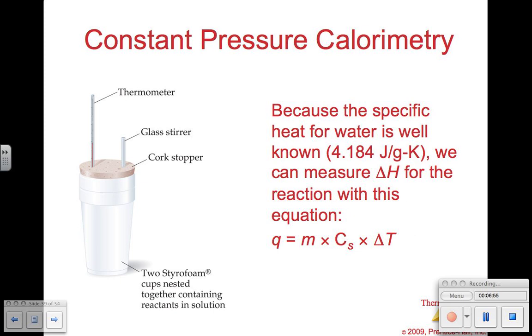We rework the equation so that Q is equal to the mass times the specific heat times the temperature change, and the mass can be related to the volume by using density. So we figure out what mass of water we have, then use the specific heat of water, and then the change in temperature. I take my starting temperature and my ending temperature, and now I've got a value. Now I can calculate Q and figure out the heat of the reaction, which in a constant pressure environment, Q is equal to delta H. So therefore, we can solve for enthalpy.